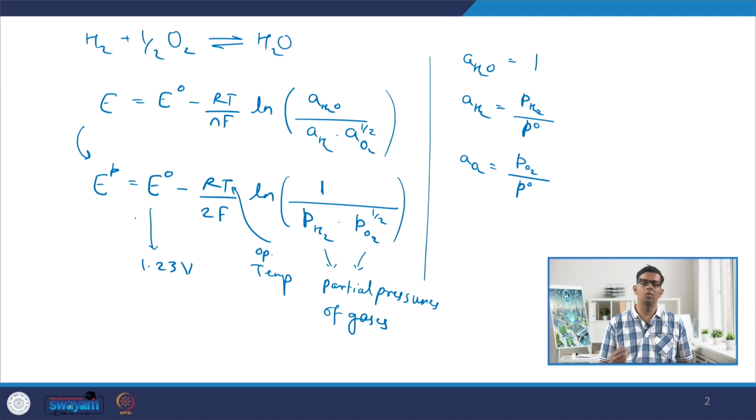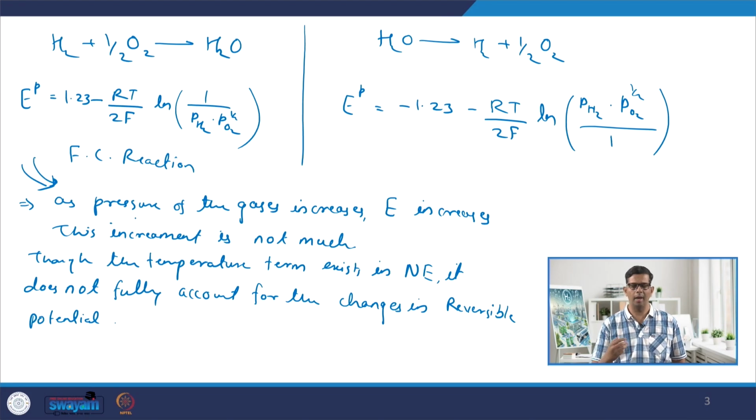The same relation can also be written for the electrolysis reaction, wherein water is the input and hydrogen and oxygen are outputs. In that case the Nernst potential can be written, as we can see on the right side, as minus 1.23 minus RT by nF, where n is 2 here, ln of products by reactants.